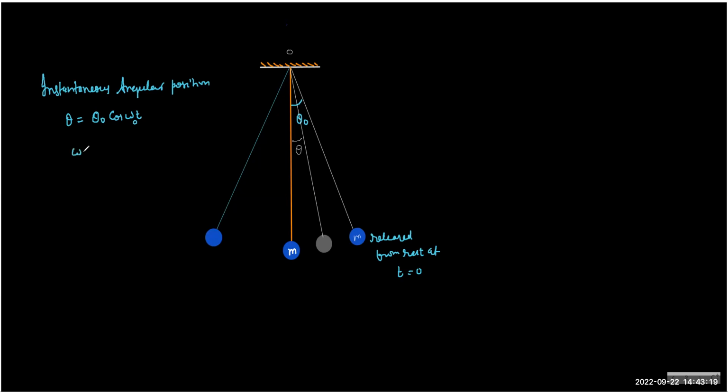Here omega naught, we will come to know later on, is equal to root of g by L for SHM. So the instantaneous angular position we can write as the initial value, and why are we taking cos? Because we know cos 0 is 1, so the answer will match the condition that we described. And this is the equation of SHM for angular displacement, similar to what we did previously.